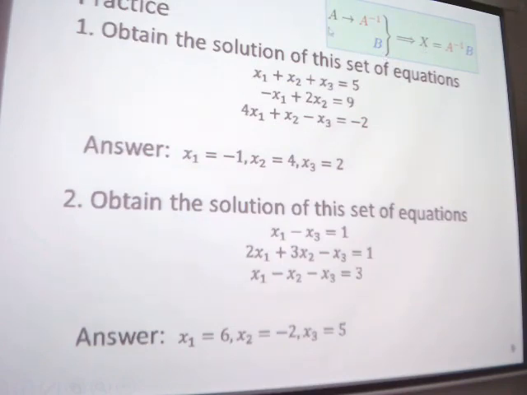Our A is known, so we can calculate our A inverse. Our B is known as well. If we get our A inverse and our B, we can get our x. So now our job is to find A, then find A inverse, then find B, and just make this calculation. Clear? Just try it. 5 minutes.